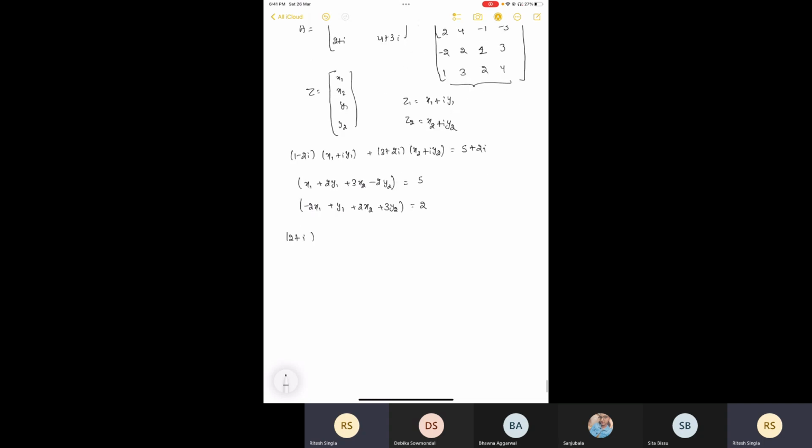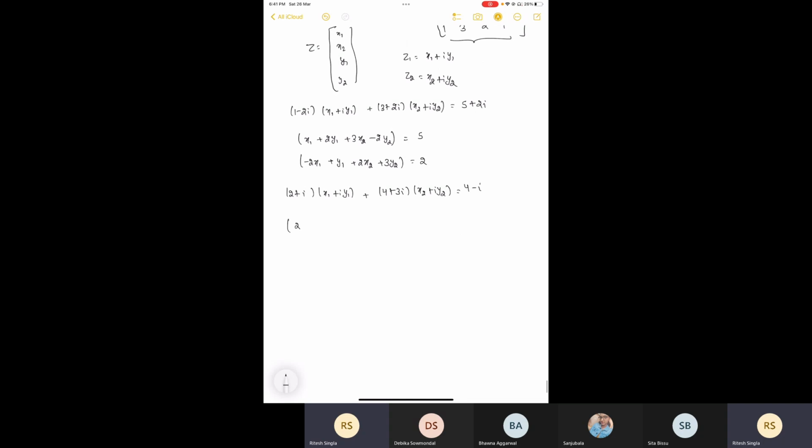Similarly, 2 plus iota times x1 plus iota y1 plus 4 plus 3 iota times x2 plus iota y2 is given to be 4 minus iota. So 2x1 minus y1 plus 4x2 minus 3y2 is equal to 4, and x1 plus 2y1 plus 3x2 plus 4y2 is equal to minus 1.